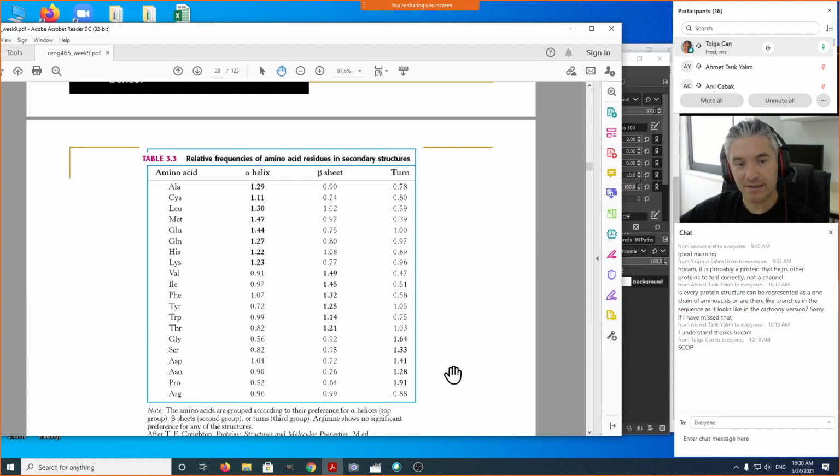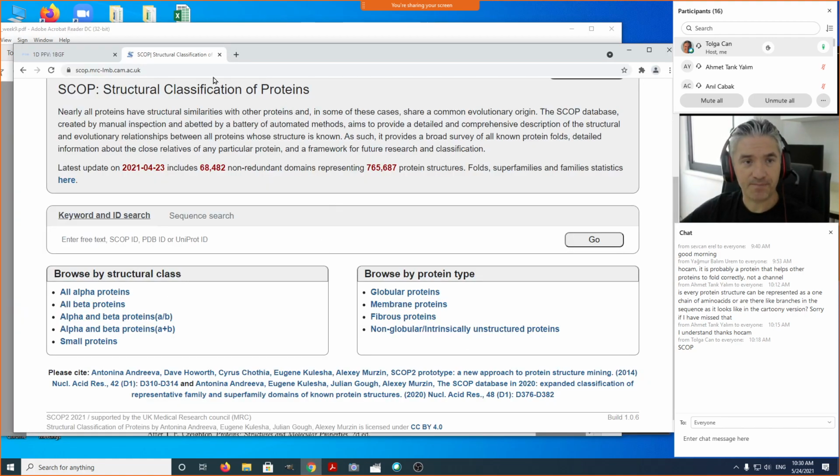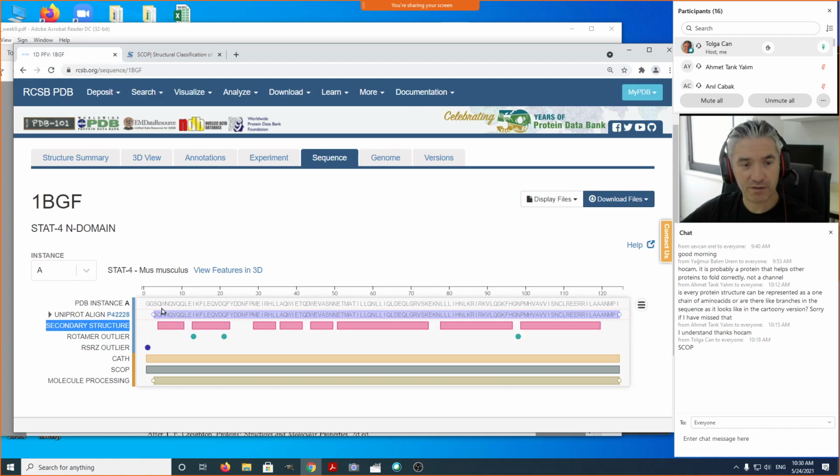Okay, so such a table, the preference table for amino acids to be in what type of a secondary structure. Secondary structure prediction is also one of the first steps in protein structure prediction, which means that if I give you a protein sequence, can you solve this one-dimensional problem, which is can you assign certain intervals of this protein sequence and indicate whether they're alpha helices, beta strands, or turns.